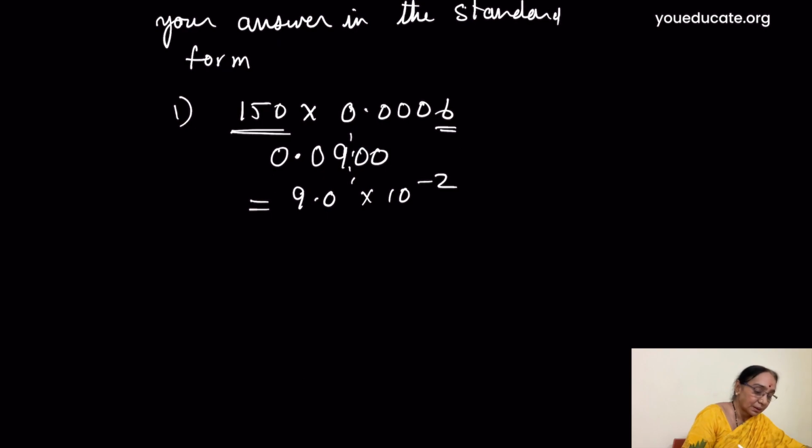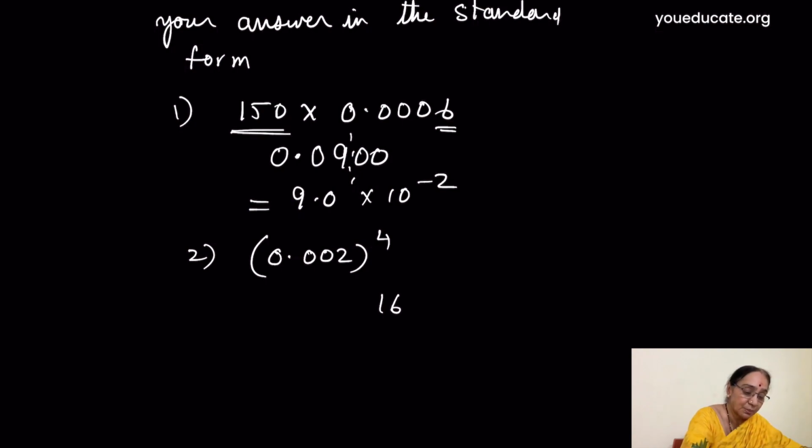Next, 0.002 raised to 4. Now what is 2 raised to 4? 16. And here there are 3 decimal places. When you are going to multiply the decimal with 3 decimal places 4 times, there must be 12 decimal places.